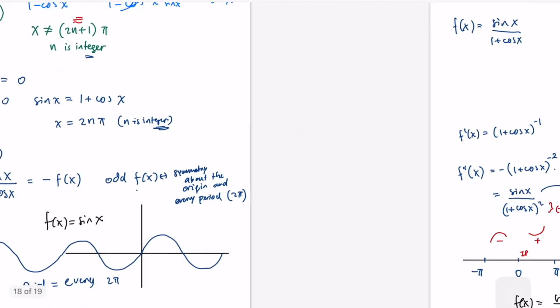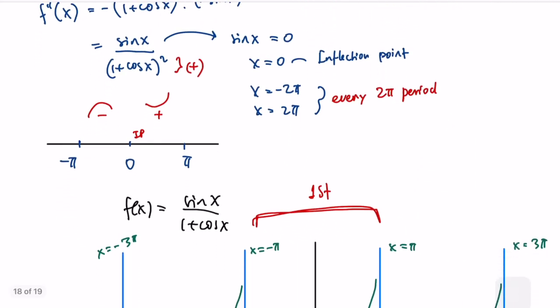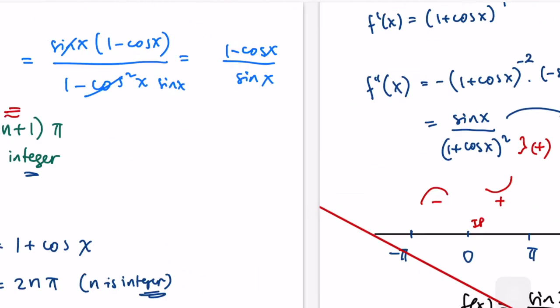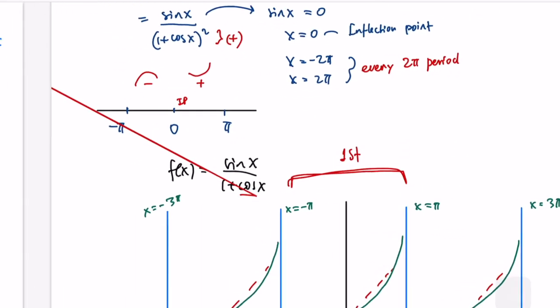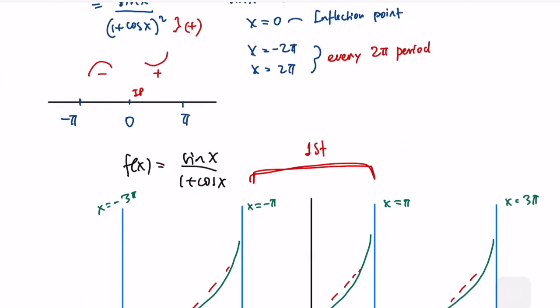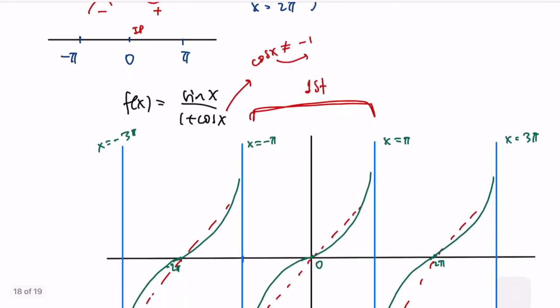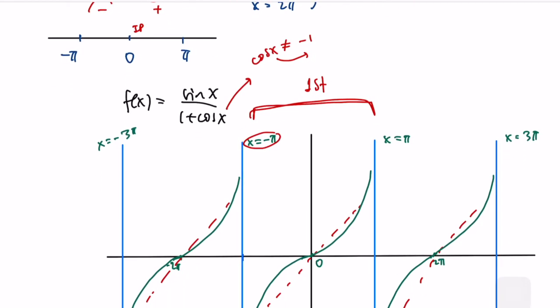If you look at the cos x here, of course cos x could not be equal to -1, so there will be some x that makes the function undefined, right? So you need to put in exceptions for taking this asymptote here.